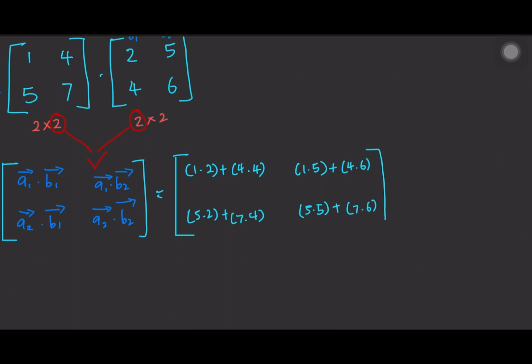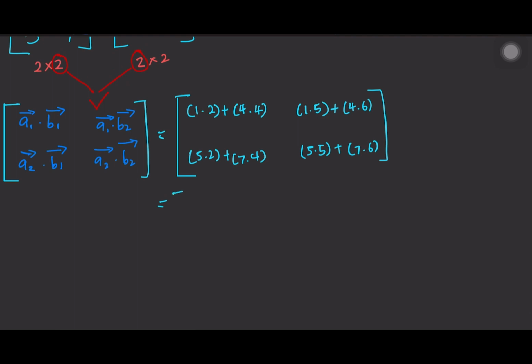And you can do all the working. 2 plus 16 is 18, 5 plus 24 is 29, 10 plus 28 is 38, and finally 25 plus 42, we get 67.